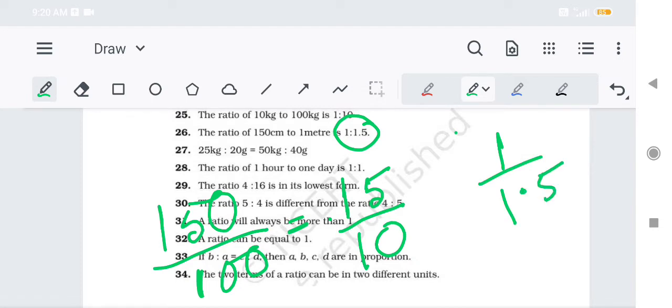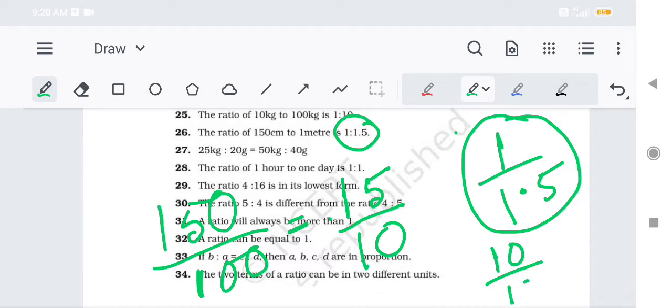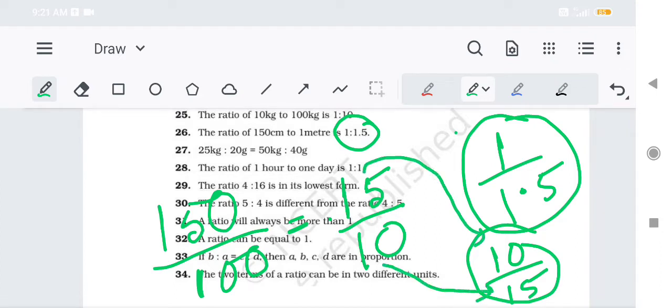Just after converting it to a fraction we can get 10 by 15. How it is coming I'm showing you in the next video, but here it will come 10 is to 15. So from 15 we are getting 10, here from 10 we are getting 15. Again the logic is not applied here, so this statement is not true. Let's come to the next sum.